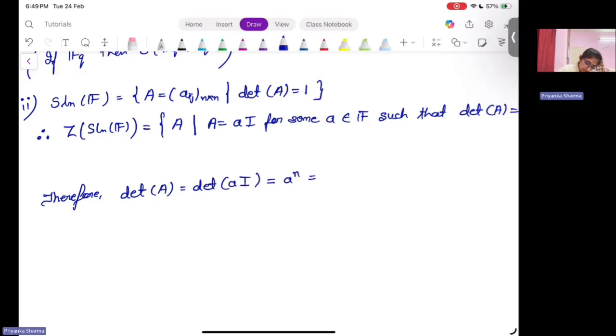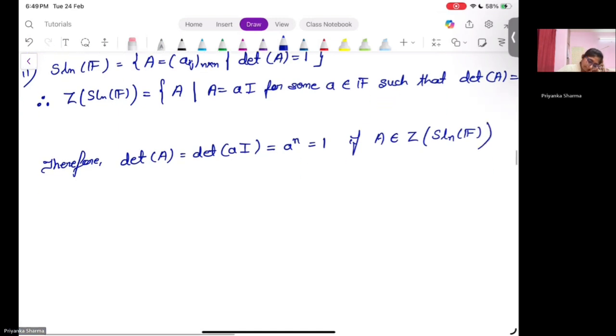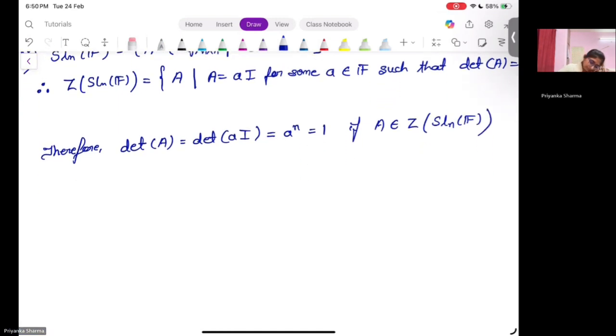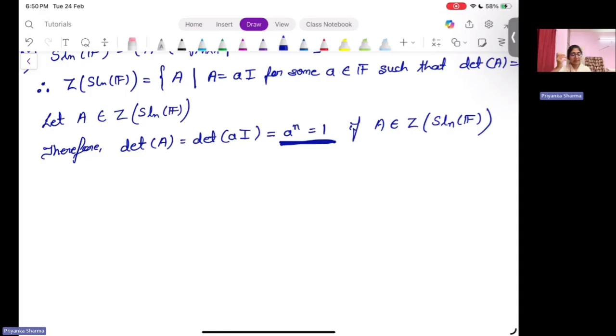And this must be 1 if A belongs to Z(SL_n(F)). Let A belong to this. So now it is remaining to check this, a^n is 1.